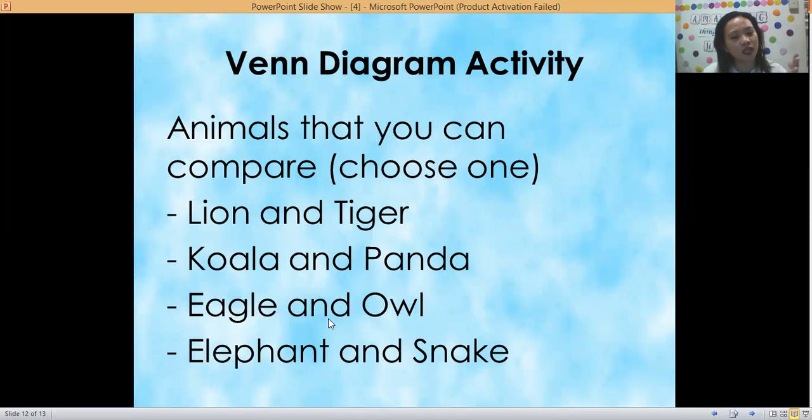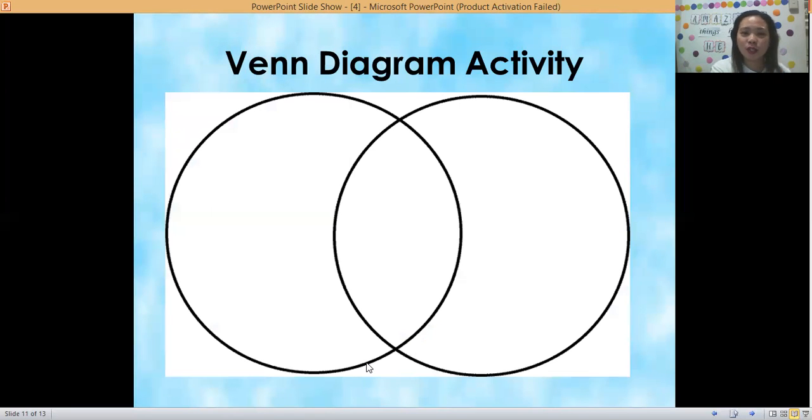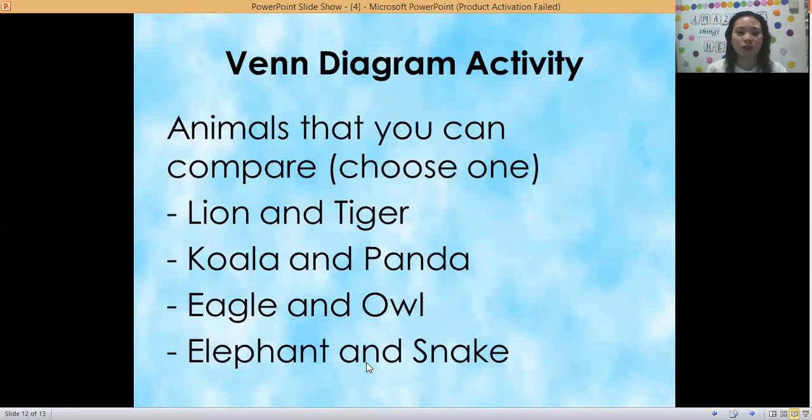I hope you're going to enjoy this activity. The Venn diagram activity will be graded as your participation, okay? The product will go to your participation.